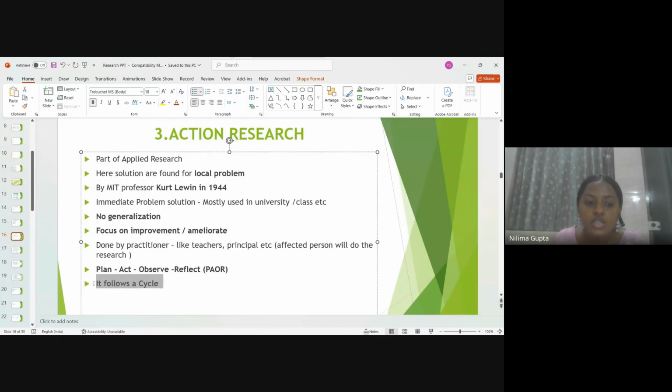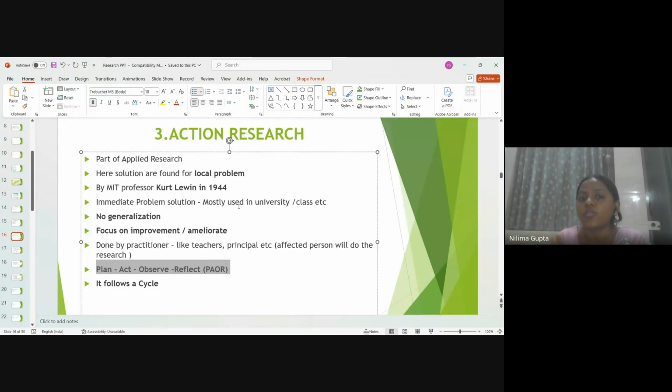Now it follows a cycle, and that is why it is also called cyclic research. Another name for it is cyclic research. Now there is a very good plan that has been given by Stephen, and these are the steps to follow in an action research. So it is PAOR, that is plan. Then you act on it.